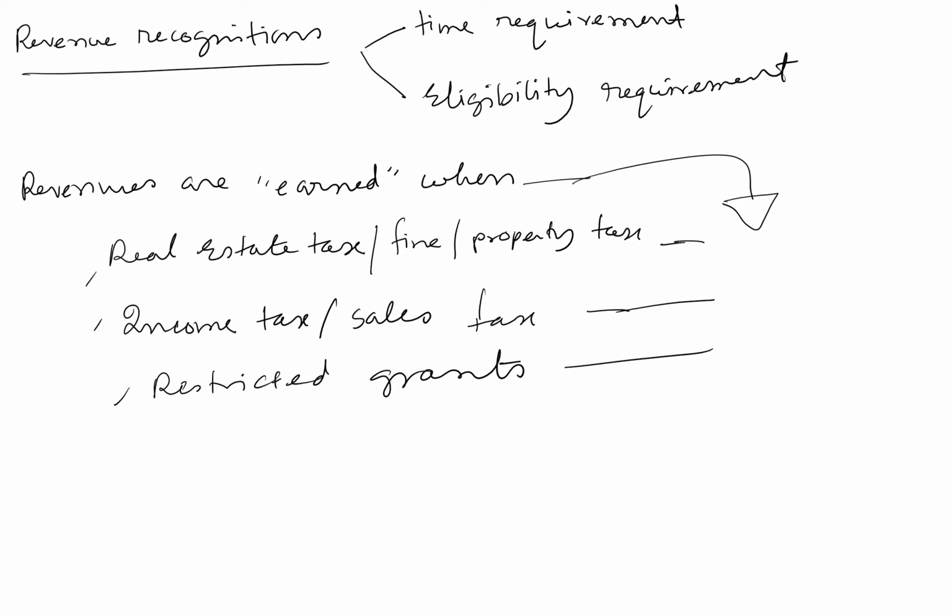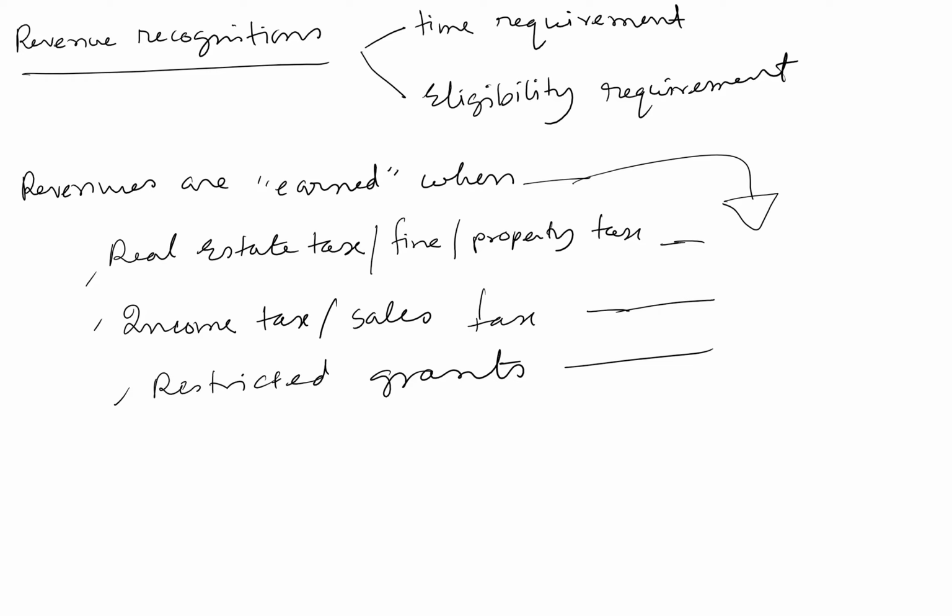That means the resource providers may specify certain characteristics that should be met. Reimbursement means that expenditures must be incurred before revenue is recognized. And contingencies apply only to voluntary transactions, where actions must be taken before revenue is earned.